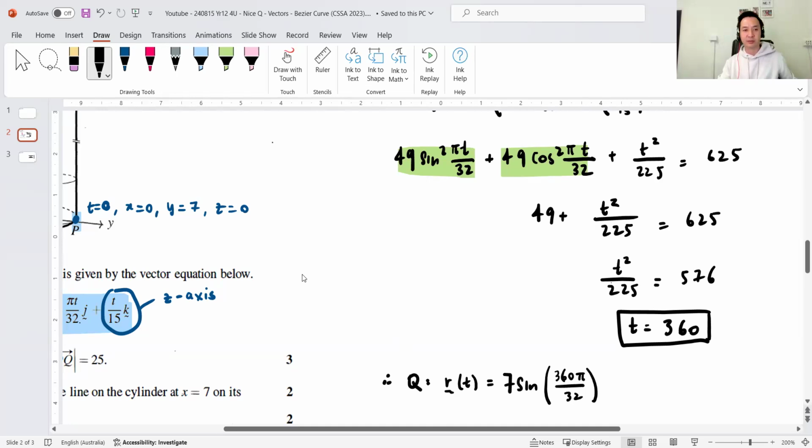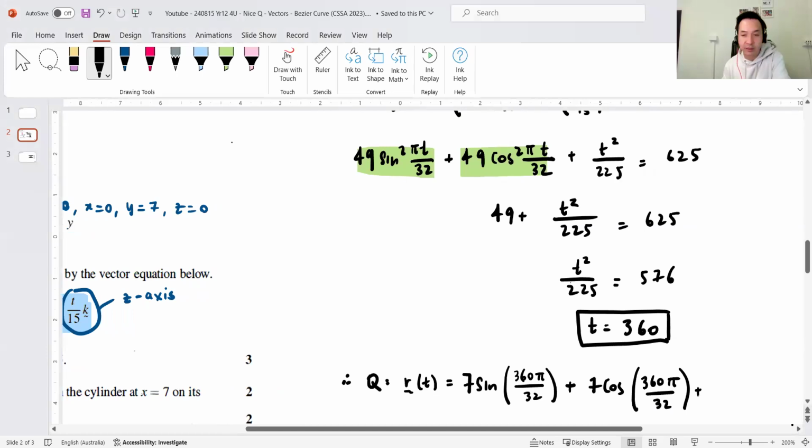I hope that's nice. 360 divided by 32. What's that? 45 on 4. Okay. Hoping that's nice. But I'll do that in a sec. 360 pi on 32 and the Z one. So what's that? 360 on 15.